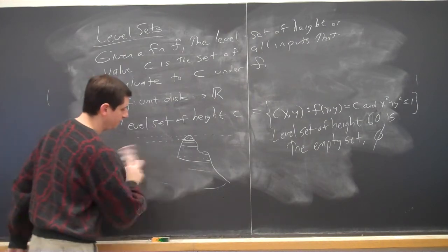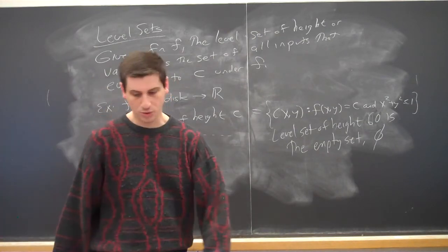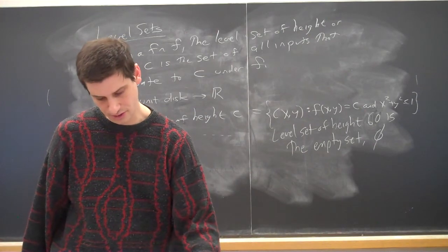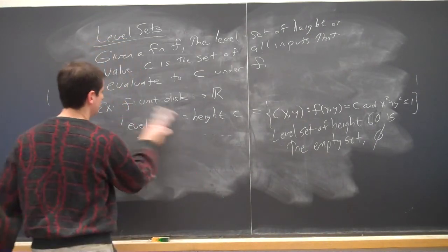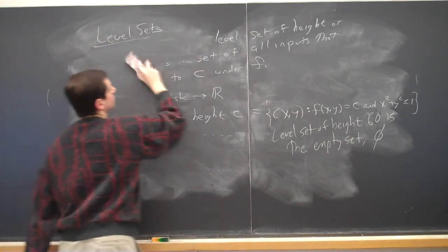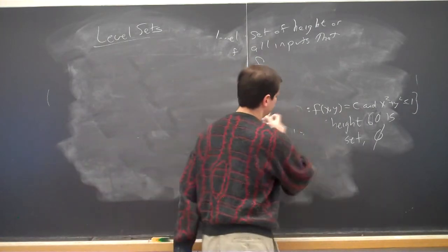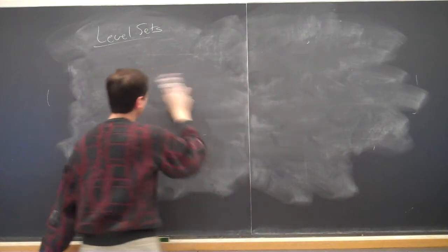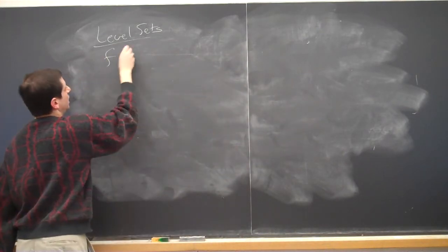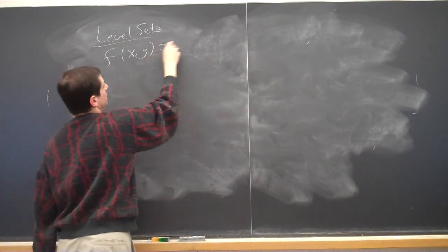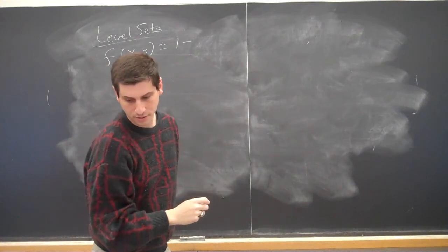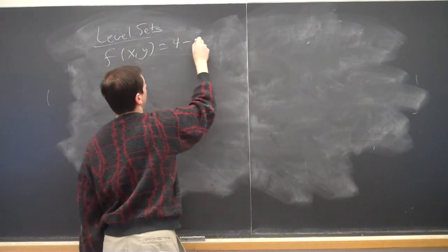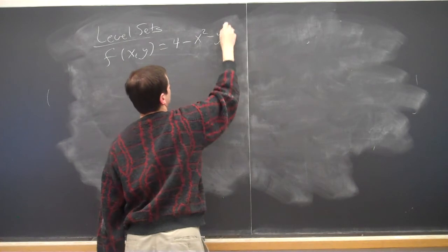I can choose different functions, and we can try to find what the level sets look like. So I'll do the example from the notes. Let's take f of x, y equals 4 minus x squared minus y squared.